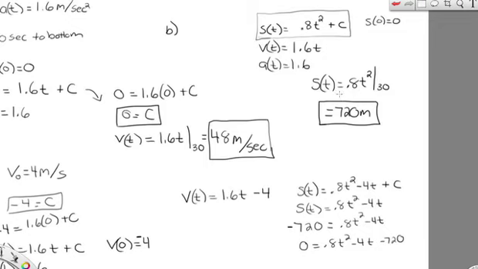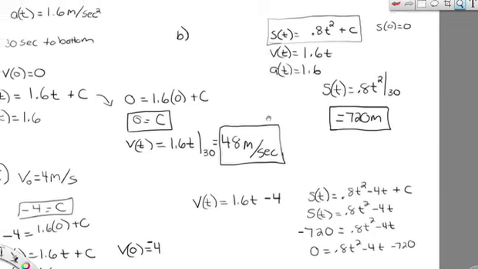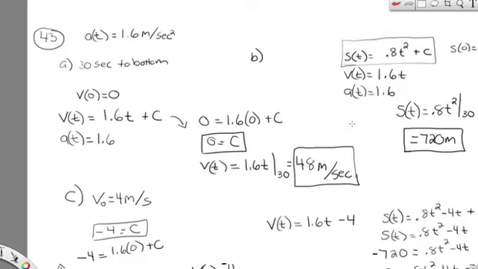Oh, you know what sucks? From the very, very beginning, I should have done something different. And unfortunately, that means I'm going to have to redo this problem. Notice at the beginning, the acceleration was listed as 1.6, but the acceleration in this case should have been negative 1.6.